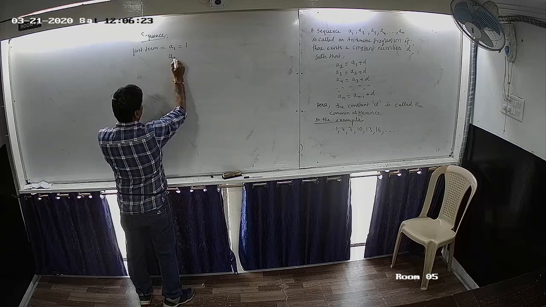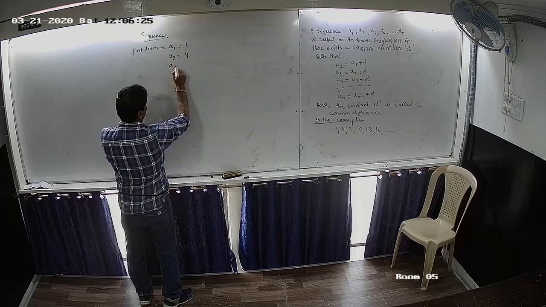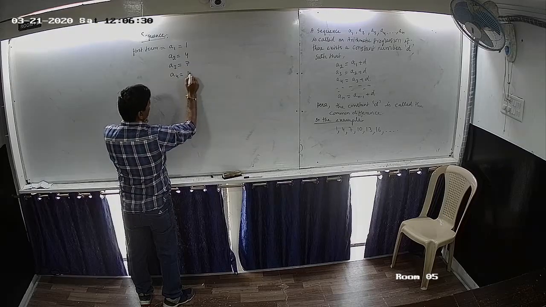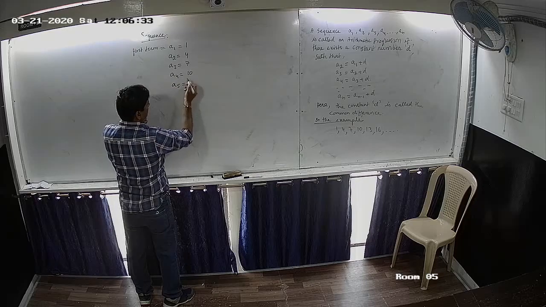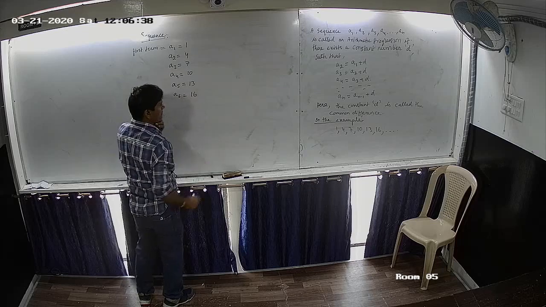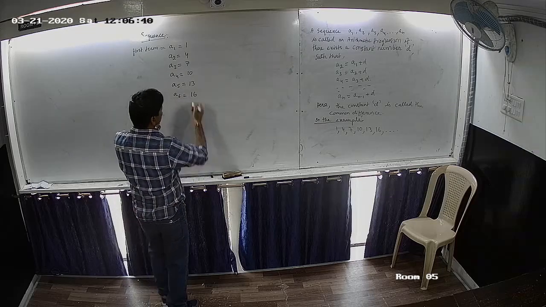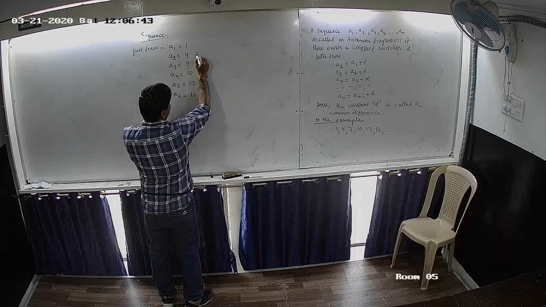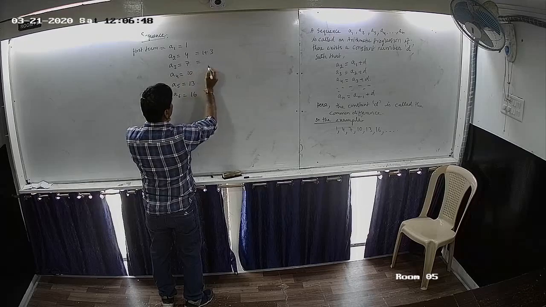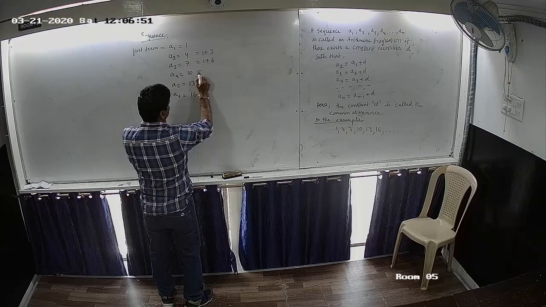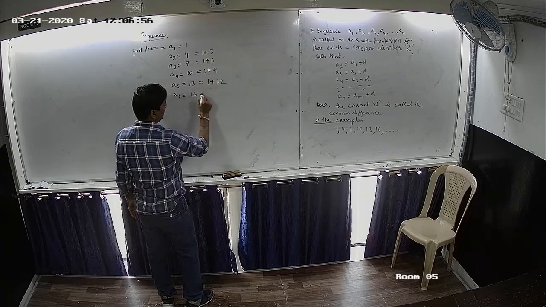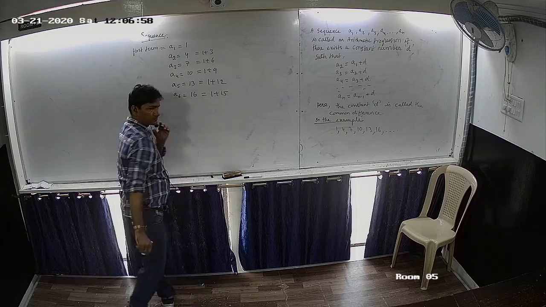Second term A2 is equal to 4, A3 is equal to 7, A4 is equal to 10, fifth term A5 is equal to 13, A6 is equal to 16, and so on. So A2 is equal to 1 plus 3, then 1 plus 6, 1 plus 9, 1 plus 12, and 1 plus 15.